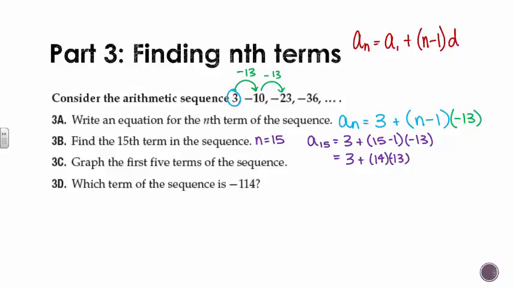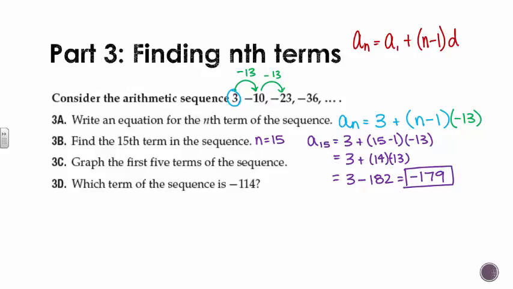Oops, negative. So then you got to do 14 times negative 13. You end up with 3 minus 182, which is negative 179. That is the 15th term.